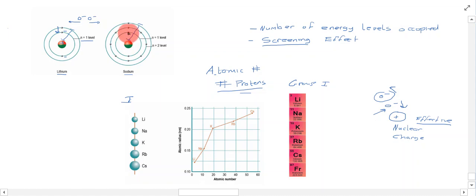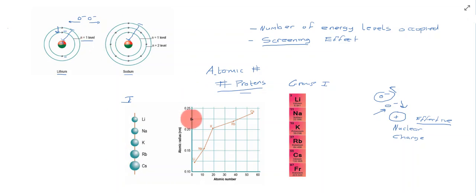These inner electrons act as a screen, pushing it out the way, whereas the nucleus is pulling it in. The more occupied energy levels you have that are full of negatively charged electrons, the more of what's known as a screening effect you get. It pushes the outermost electrons away from the nucleus, and as a result you get a bigger atomic radius.